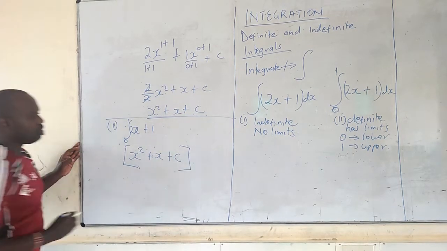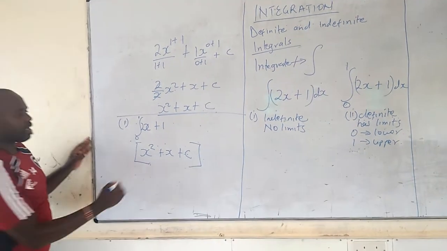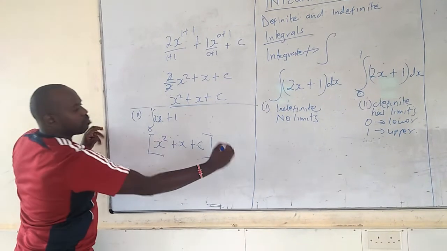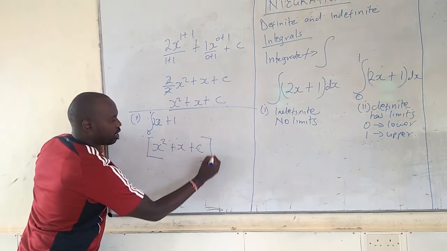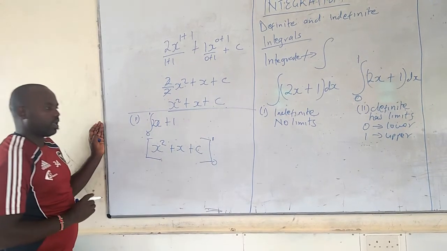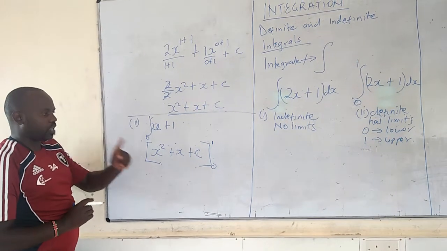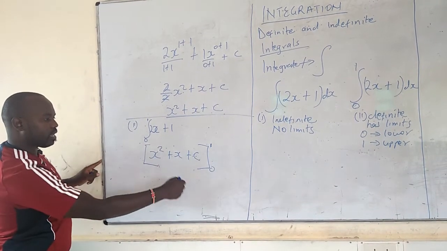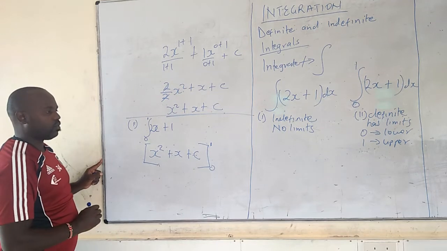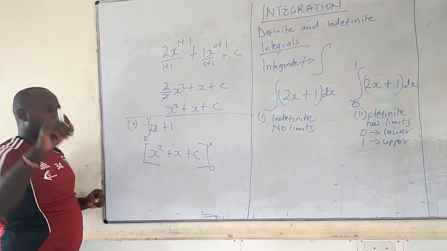Now the limits come to the right, 0 to 1. The reason why it is called definite is that you substitute the upper limit, then you subtract the substitution for the lower limit. So you will get a value.